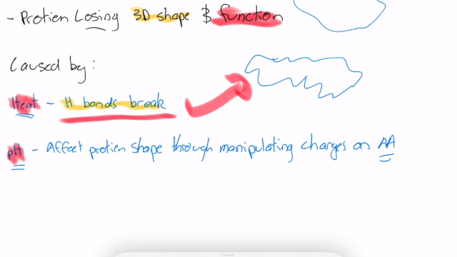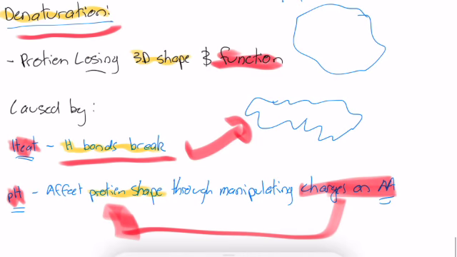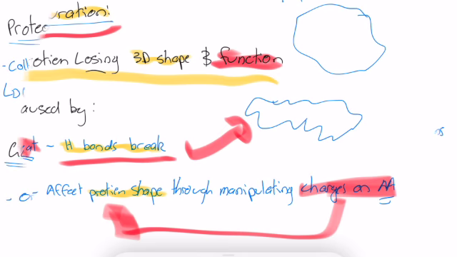Now, we know pH affects the charges on the amino acids. So this in turn affects that interaction amongst the R groups, and as a consequence changes that protein shape, therefore having the same effect as heat and losing that structure and therefore losing that function.